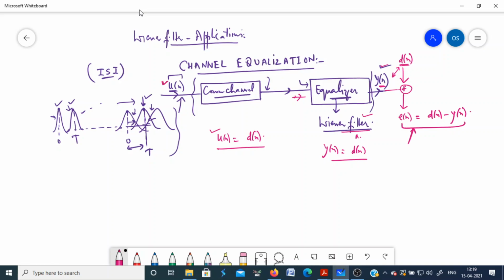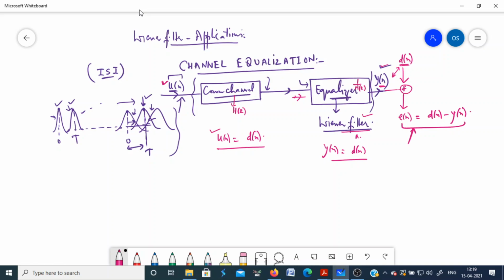Okay, so at that point the model of this channel and the model of the equalizer will be just inverses of each other. If I model this communication channel with transfer function H of z, then when the Wiener filter operates in the optimum sense, its transfer function will become 1 upon H of z.